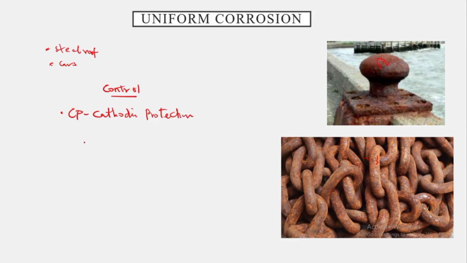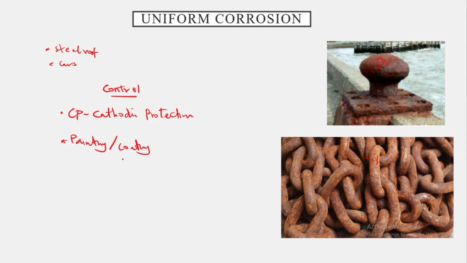So under cathodic protection, we have the sacrificial anode and the impressed current. In this video, you get to understand the cathodic protection and the impressed current cathodic protection under corrosion control. We also have painting, or coating the surface of the material.